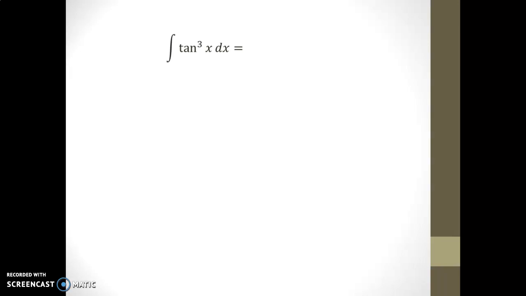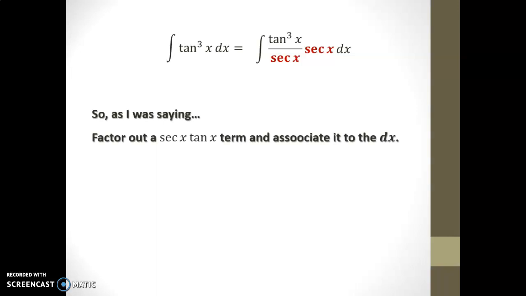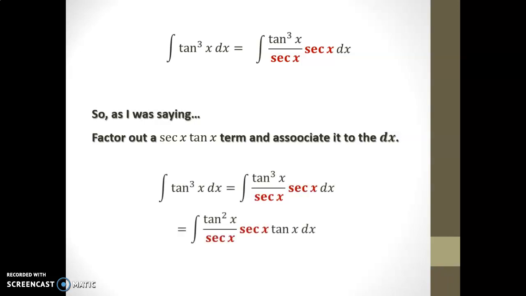In our example, that could mean multiplying above and below by secant x. So, we were saying earlier that we need to factor out a secant x tangent x term. We can now take one of the tangent x's from our numerator and join it to the secant x that we've created.